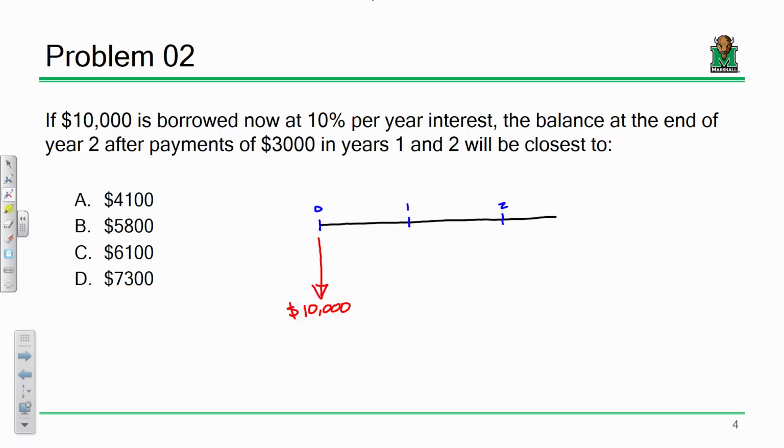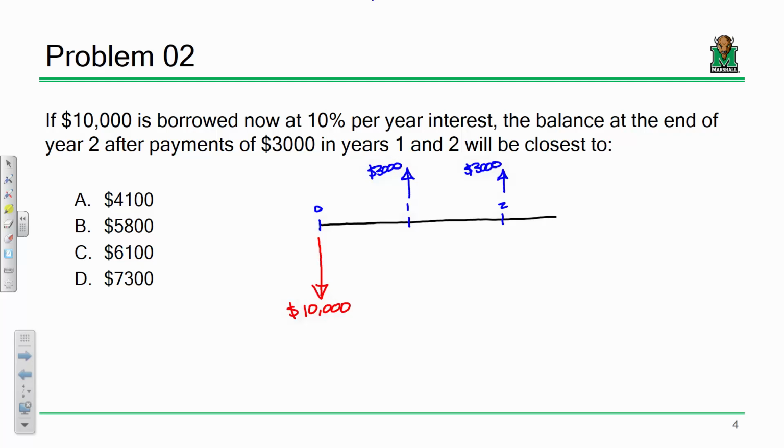Does that make sense? So I propose that I put $3,000 in here in year 1 and $3,000 in year 2. Everybody okay with that? So let's talk about the $10,000.